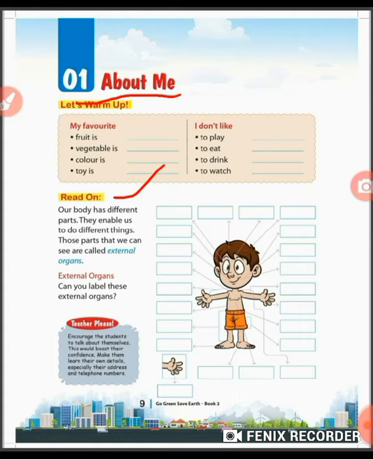Children, our body has different parts like eyes, ears, tongue, nose, legs, hands, etc., which help us to do work in different ways. Those body parts that are visible, means that we can see, are called external organs.